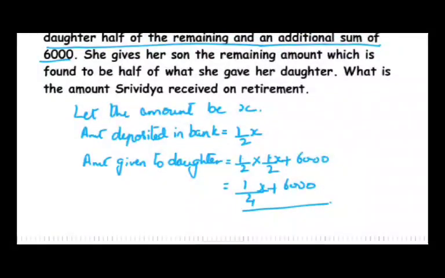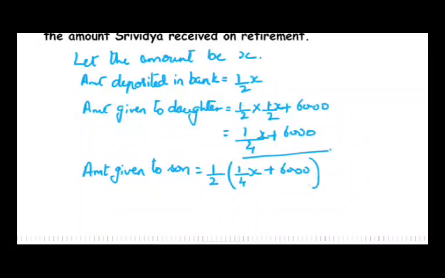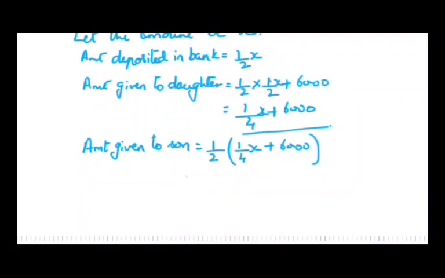Then she has more. She gives her son also. She gives her son the remaining amount, which is found to be half of what she gave her daughter. So the amount given to the son is equal to half of what she gave her daughter. This is what she gave her daughter, and half of that.